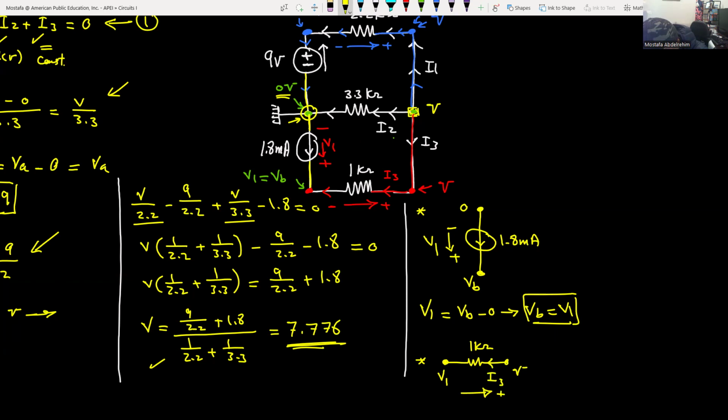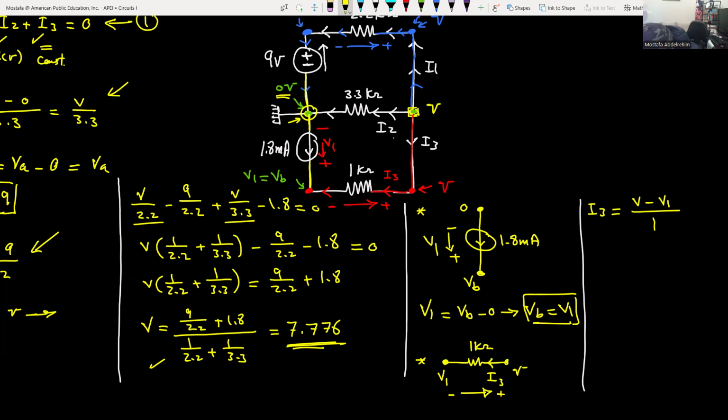So that's the positive terminal, and that's the negative terminal. So I3 is equal to V minus V1 divided by 1 kilo. Don't convert 1 kilo to ohms. Keep it 1, and the current will be in milliamperes.